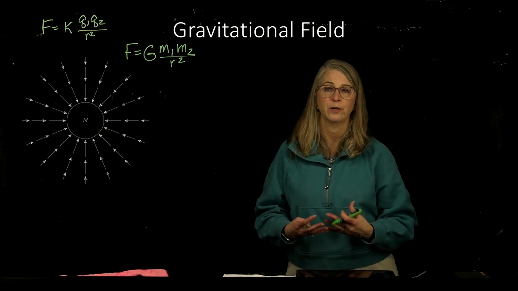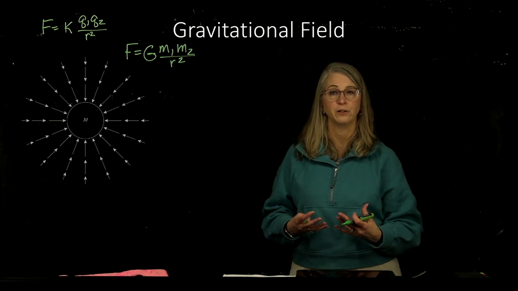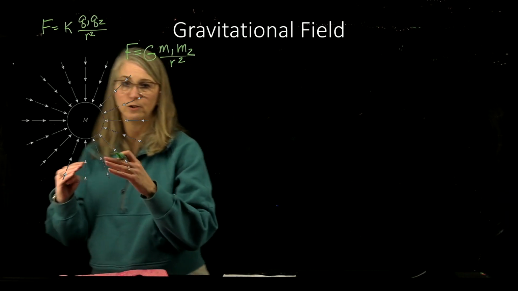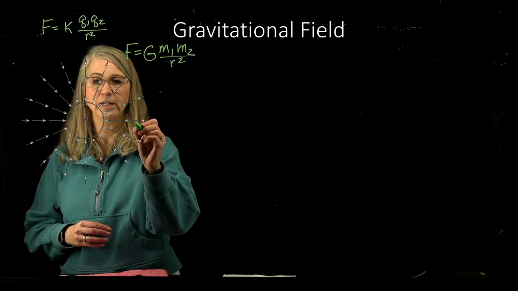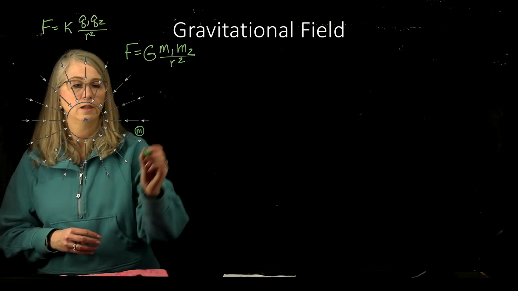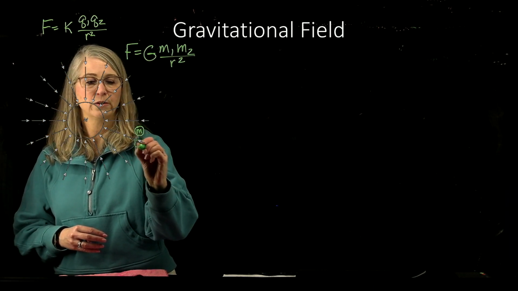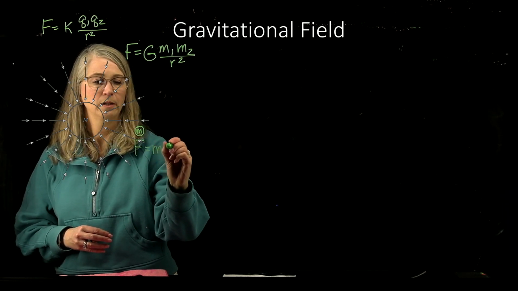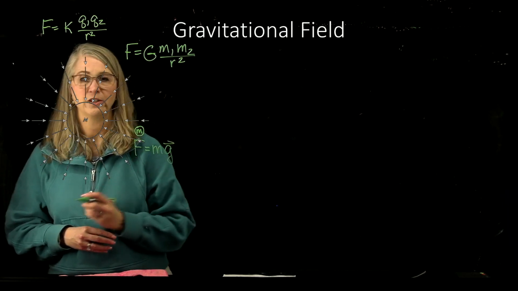So here is a picture showing the gravitational field of a mass, and the gravitational field is pointing in towards it. The way that we define it is if we have a little mass that comes near it, the force that it feels is equal to m times that gravitational field.